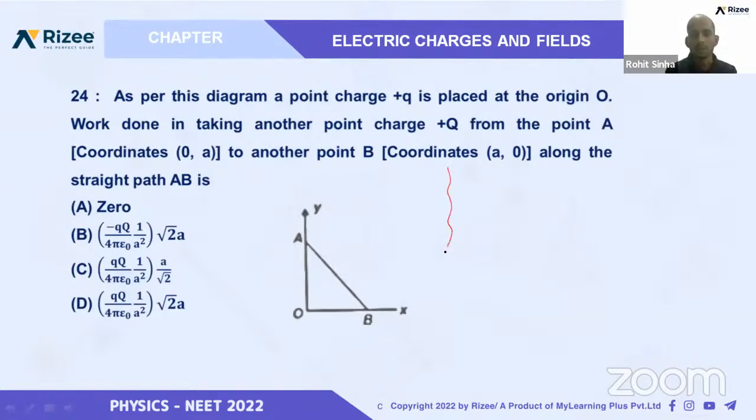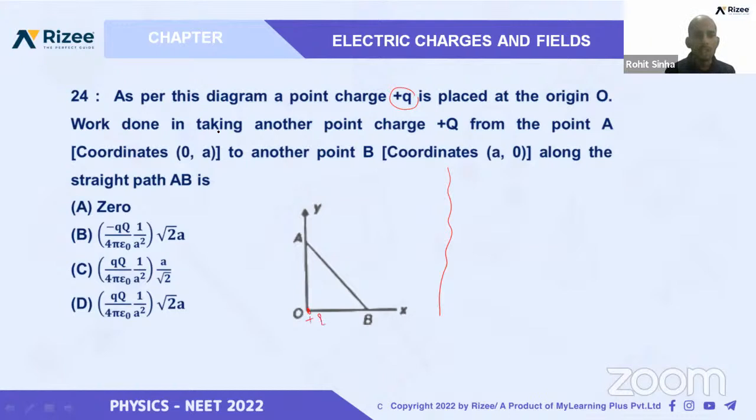So we will focus on this question. Write the answer. What will be the answer? Try. I will give you 5 seconds. Now let us see. It is telling that a charge plus Q is placed at origin. Here charge plus Q is present.